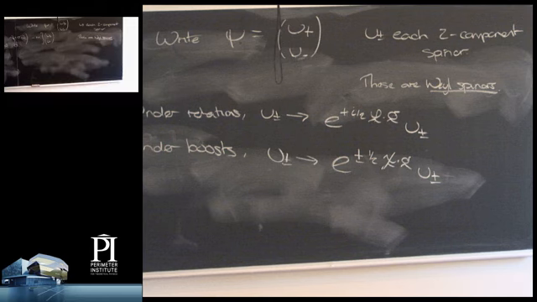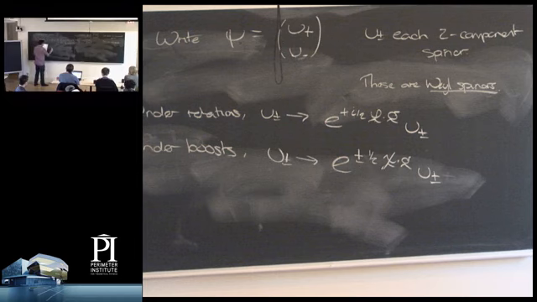Okay, so just writing this out and introducing a little bit of new notation. Well, I've introduced a new notation which looks like the Pauli matrices, except now it's got a spacetime mu index instead of the i.